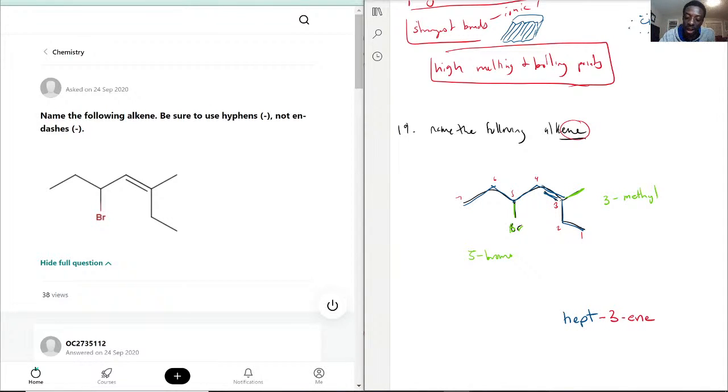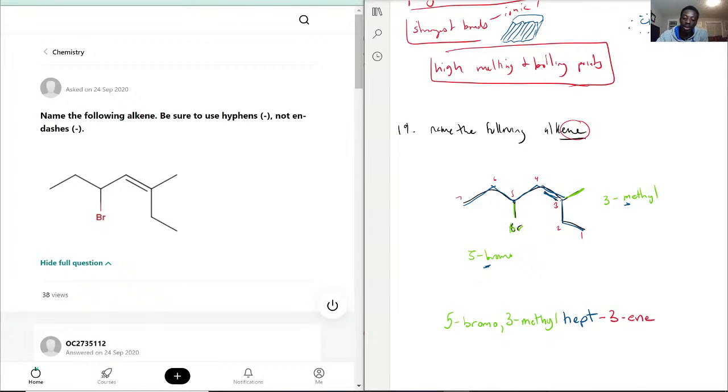What you want to do is organize them alphabetically by letter. So for this name, we have 5-bromo, 3-methyl, hept-3-ene.